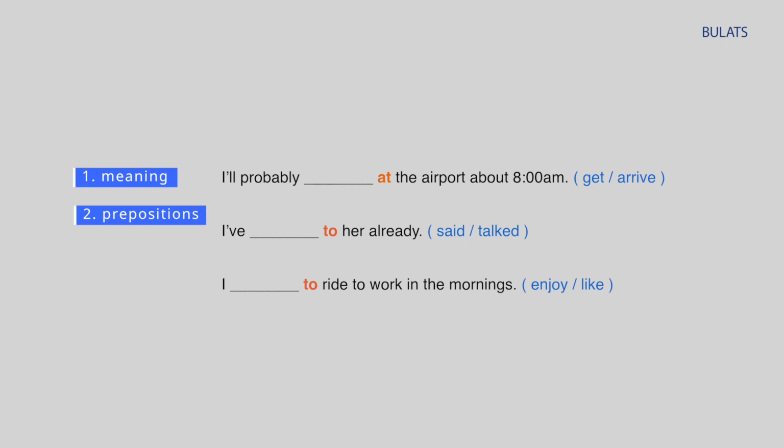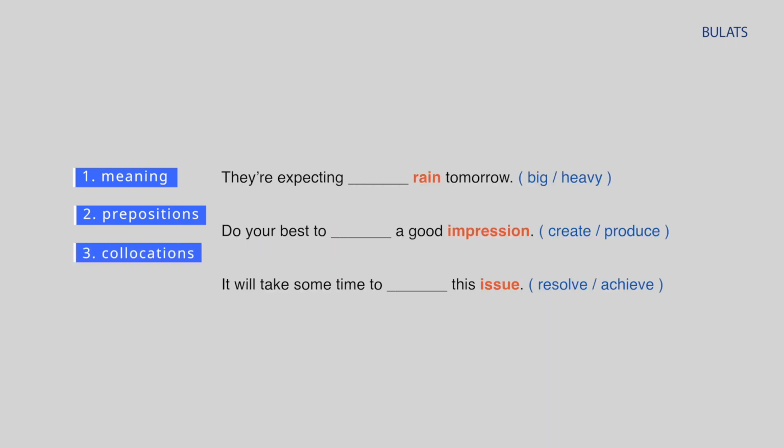We need to pay attention not just to the meaning of the word, but how it might be used with other words too. And prepositions or similar words can help us work out which choices are good and which might not be. Thirdly, collocations. These are words that are like friends, words that are normally used together to mean something.